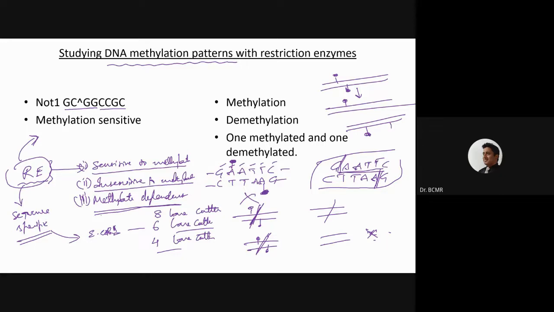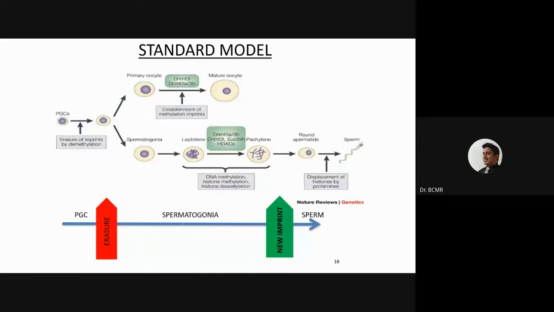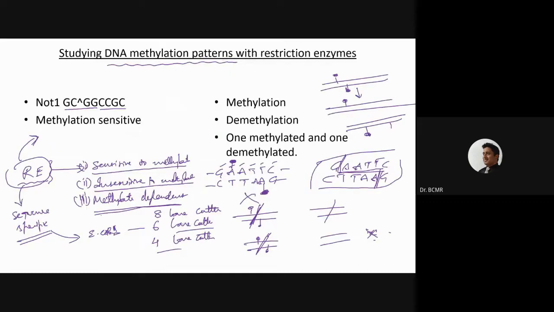And last, I also want you to remember this. Say we want to study methylation patterns, and we want to use restriction endonucleases. DNA methylation happens the majority of the time where CpG or GC concentration is very high.